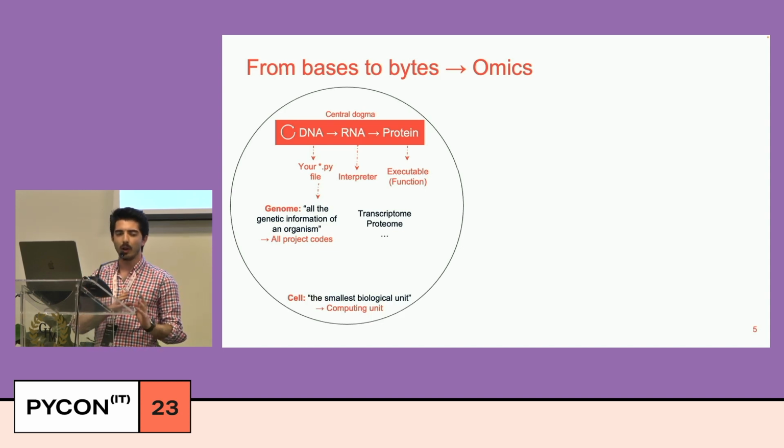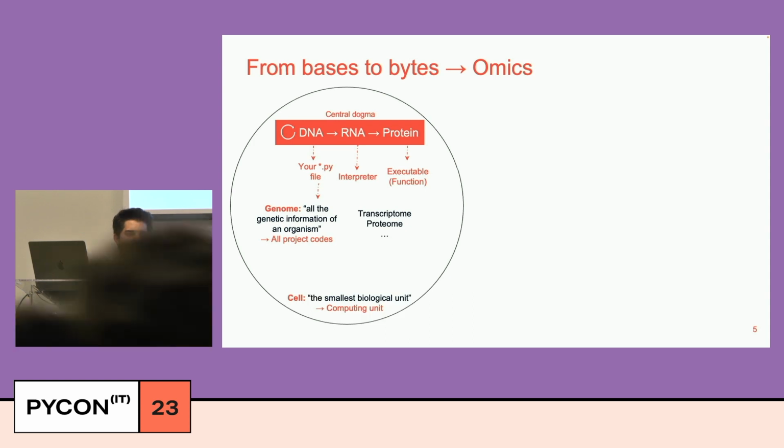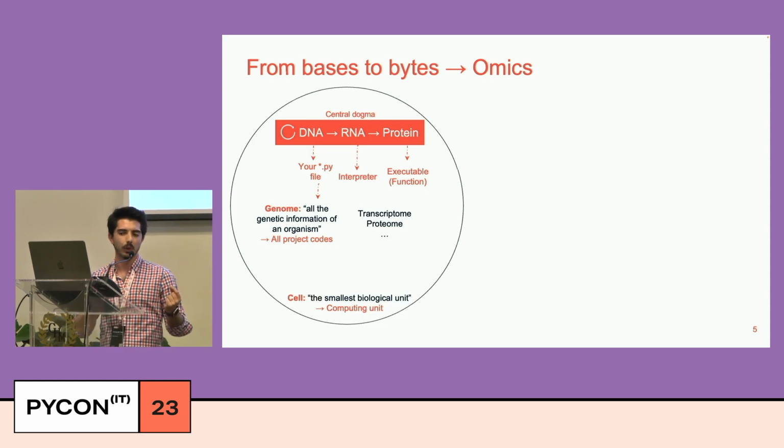Then we have our DNA, and the central dogma, a phenomenon in molecular biology that dictates how genetic information flows. You can think of the DNA as your .py source code. If you collect all of your source code, we call it the genome.